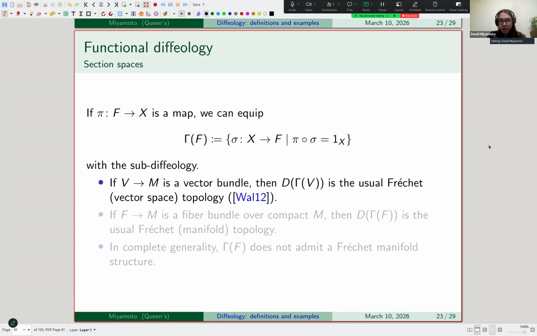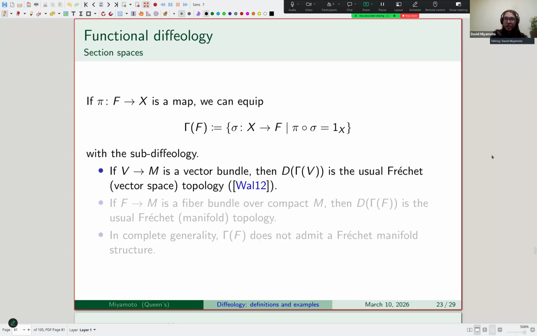If V is a vector bundle, then this thing has a usual Fréchet structure, and I can recover the Fréchet structure by taking the D topology. I take the D topology of the diffeological space of sections, and I get its usual Fréchet vector space topology. That's a result of Waldorf.